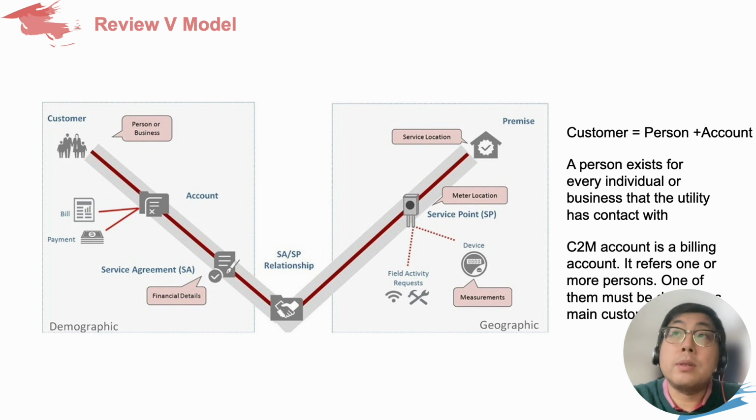They do store customer information on the account, and they do store site information on the account as well in some cases for the field activities. But majority of the billing account of the C2M account is for billing. Each billing account can refer to one or more person, and one of them must be main account, a main customer. So we will see that a bit later.